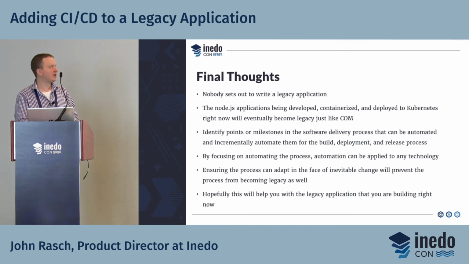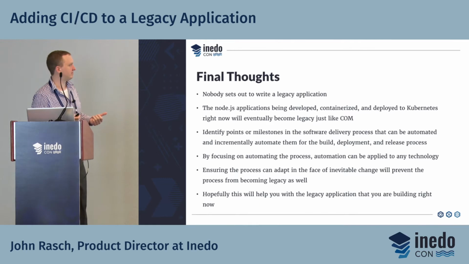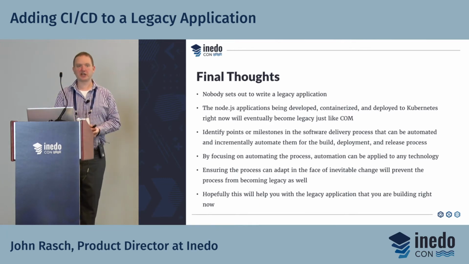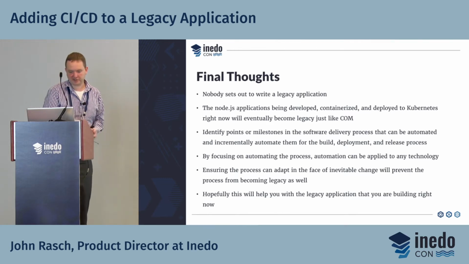So if you're very rigid on your process and it's very difficult to change, that's going to become legacy just like the application itself. So hopefully this information will help you with the legacy application that you're building right now. And thank you.